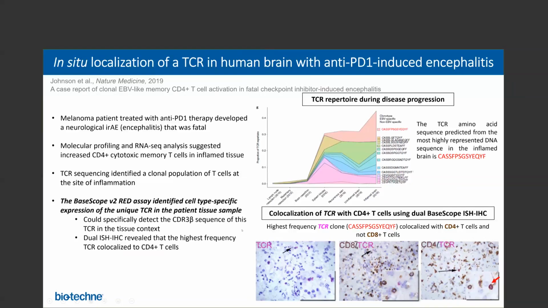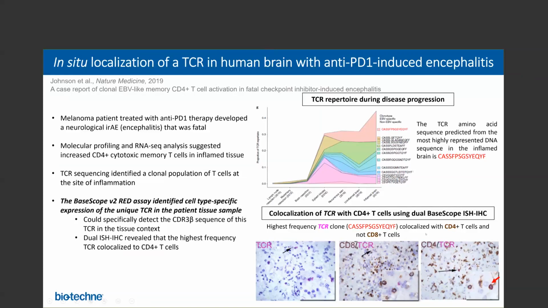What they found was that when they co-localized this specific TCR sequence with either CD4 antibody or CD8 antibody, they saw that the CD4 and TCR co-localized, but the CD8 and TCR sequence did not co-localize. This told them that the population that was probably inducing this encephalitis was a CD4 positive T cell population.